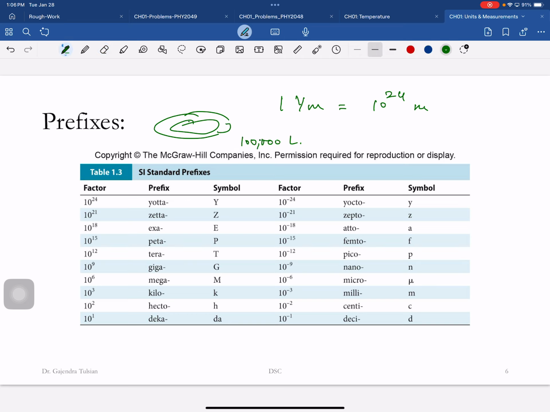So in astronomy, we use light years. But if you're studying atoms, an atom is a tenth of a nanometer. 1 nanometer is 10 to the minus 9 meters, and the size of an atom is about 0.1 nanometer.